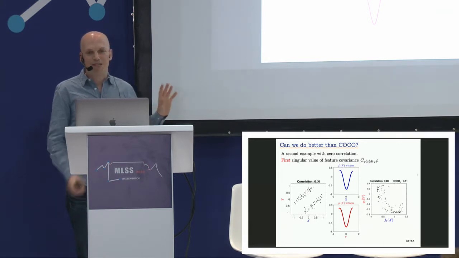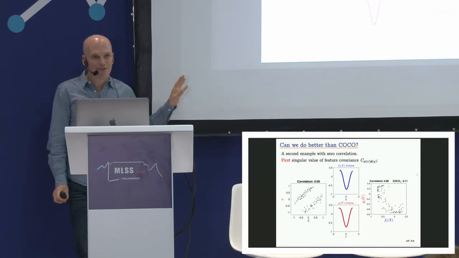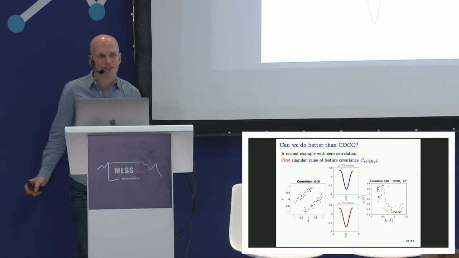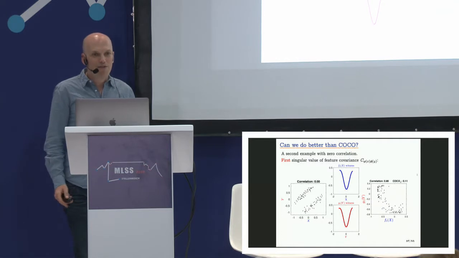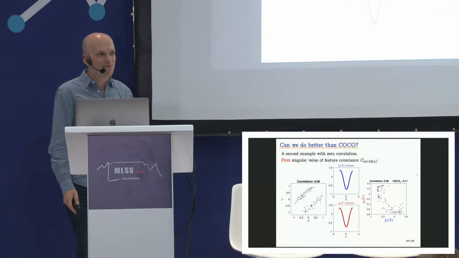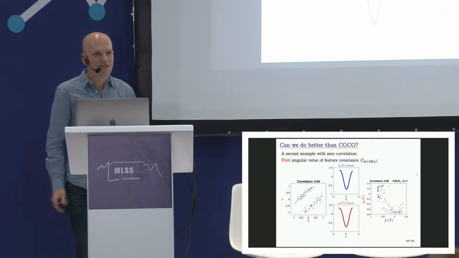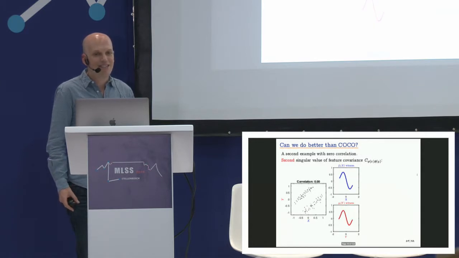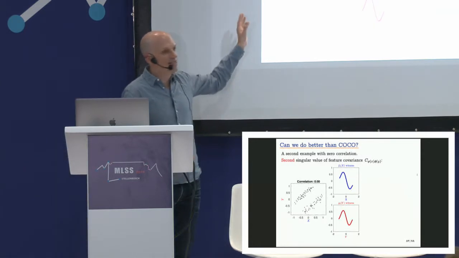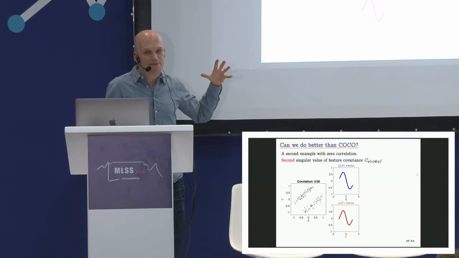So remember what we said that Coco was. Coco was the largest singular value of my matrix of covariances between my centered features. So what if I use the second largest singular value and the second largest singular functions? I can. So here are the second largest singular functions of this covariance.